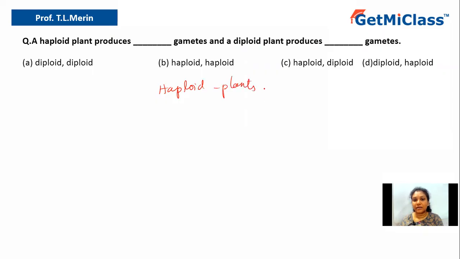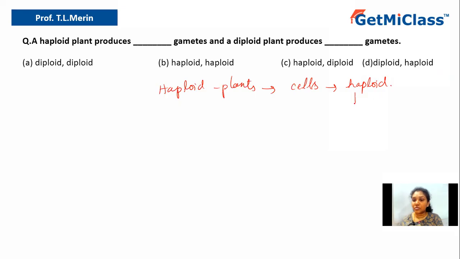These are the plants which contain the cells containing only one set of the chromosome. So all the cells will be haploid in nature. So the plant itself is haploid in nature.